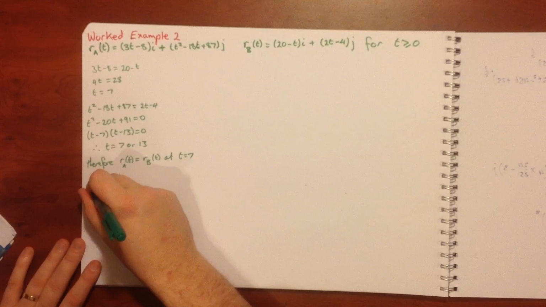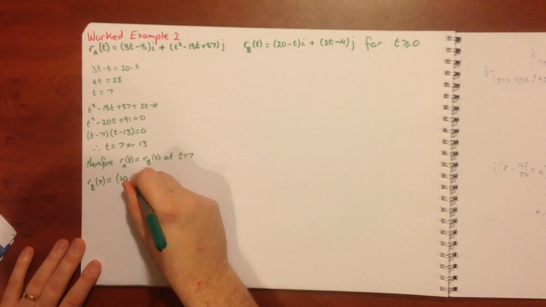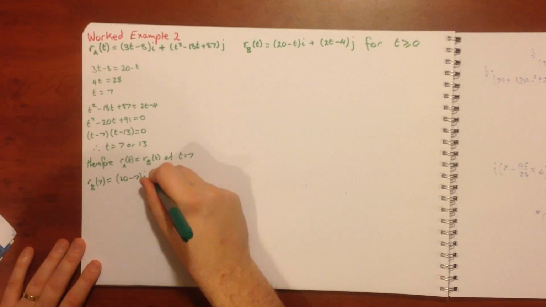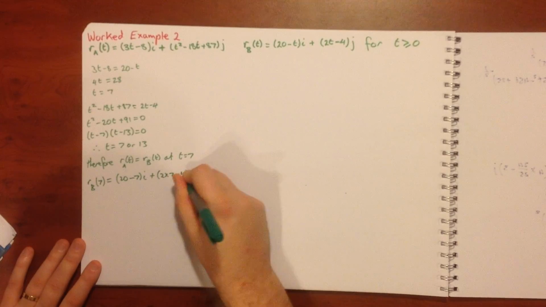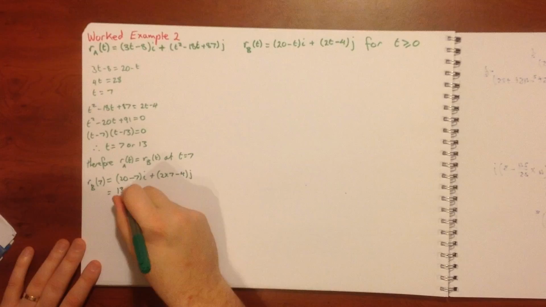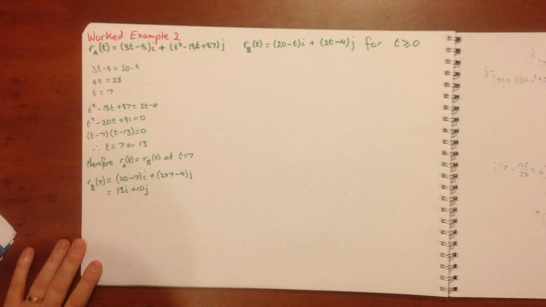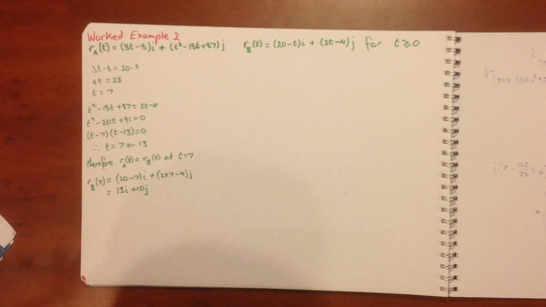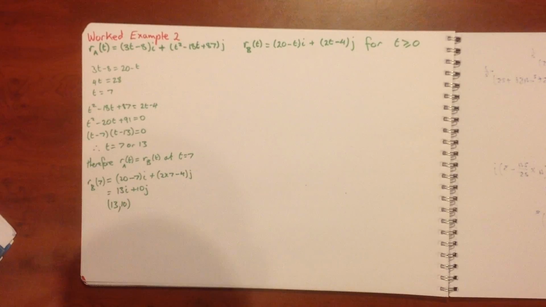So we can say b of 7 equals 20 minus 7i plus 2 times 7 minus 4j. So they're going to collide at the position 13i plus 10j. So the coordinates at that point, of course, is 13, 10. So the point 13, 10 is where they'll collide.